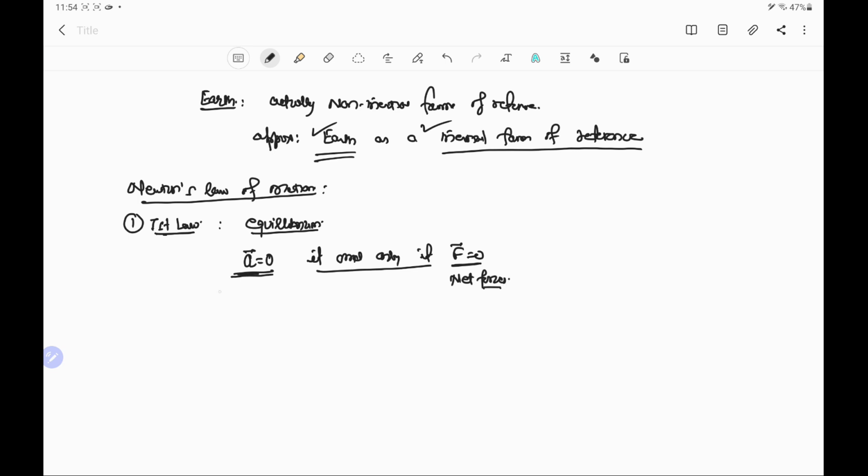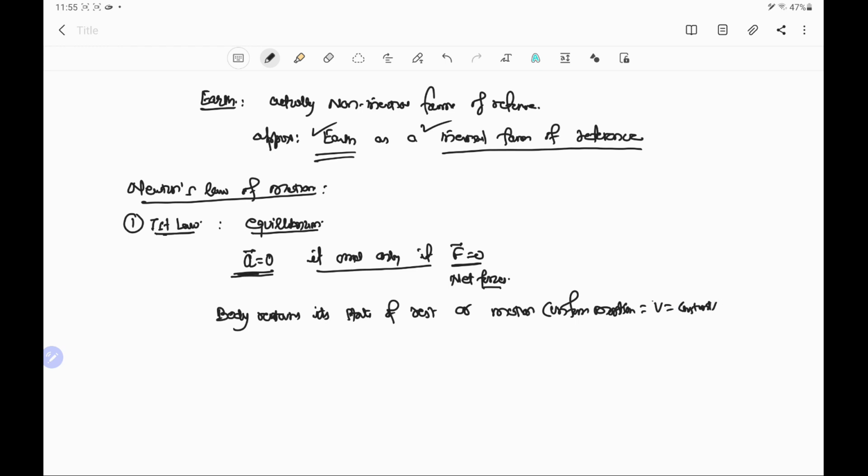That means the first law states that a body retains its state of rest or motion, and this motion is uniform motion. Uniform motion means velocity is constant.